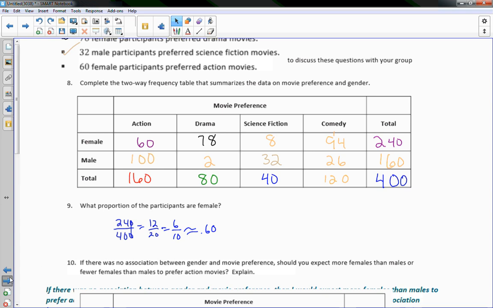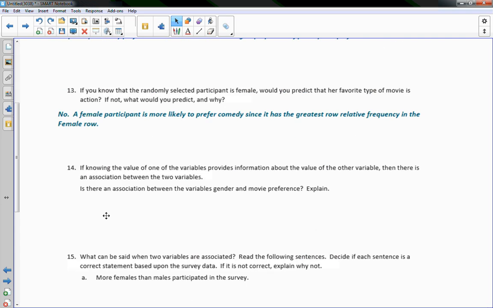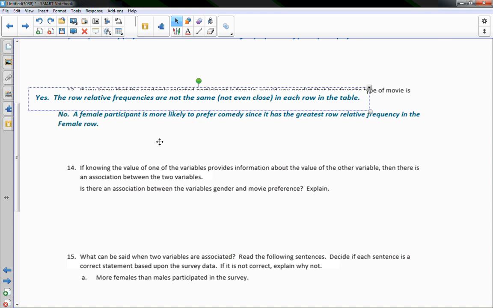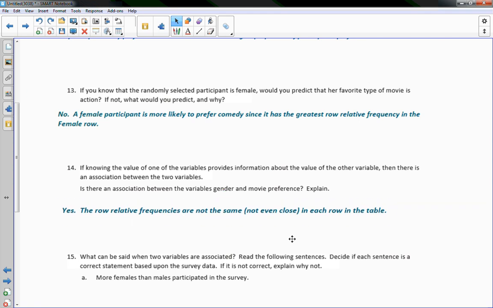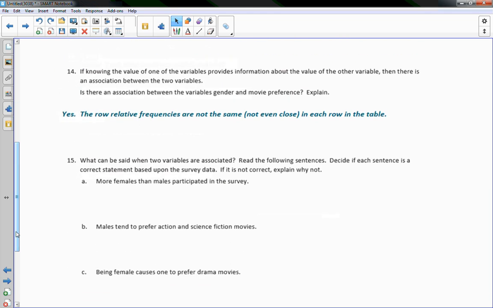And they're different, so the answer is yes. The row relative frequencies are not the same. They're not even close in each row in the table. So there is an association. Remember, if they're equal, there's no association. Okay.